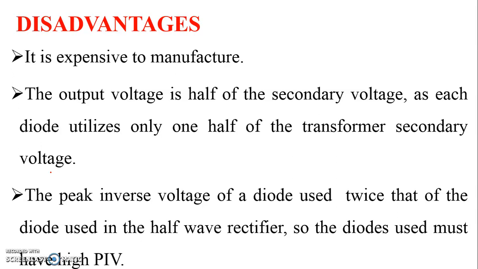This is one disadvantage. Next, the peak inverse voltage of the diode is twice that of the diode used in the half wave rectifier. So the diodes used must have a high peak inverse voltage. That is, the peak inverse voltage of the full wave rectifier has a high value. So these are the disadvantages of the full wave rectifier.